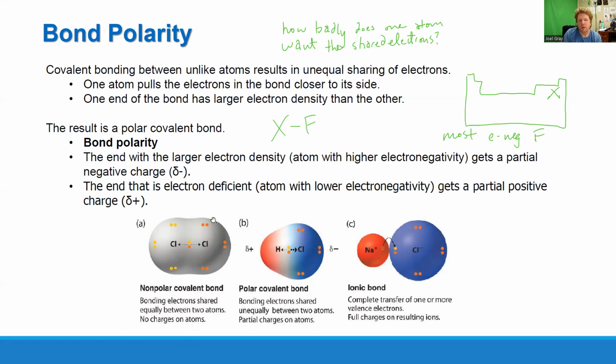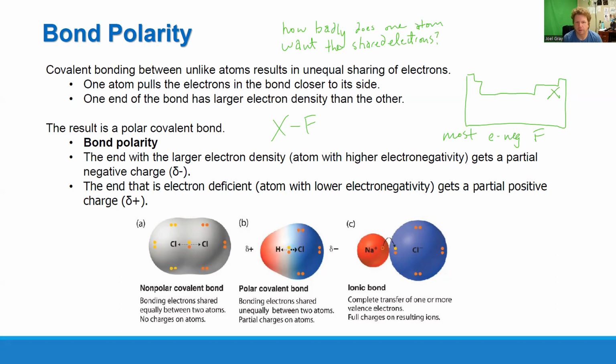At the bottom of this slide, we have chlorine gas, or Cl2. Cl and Cl are both going to be pulling those electrons equally. It's a game of tug of war where there's no movement. That is an example of a non-polar covalent bond. There are equal and opposite forces.